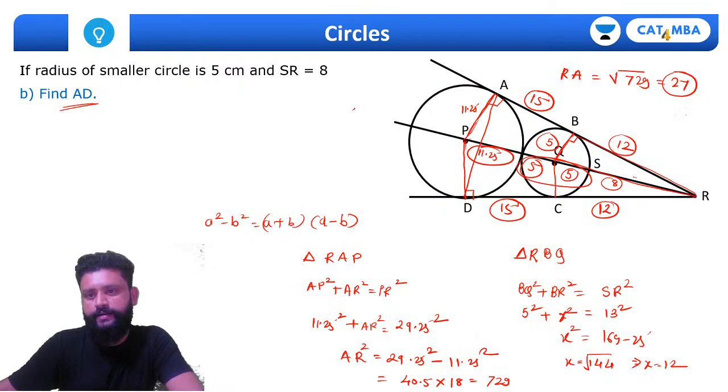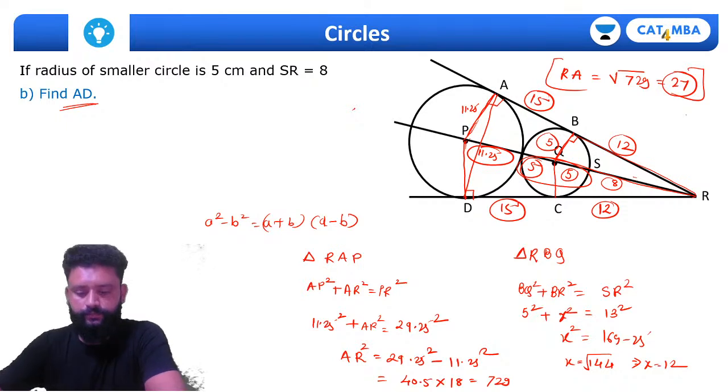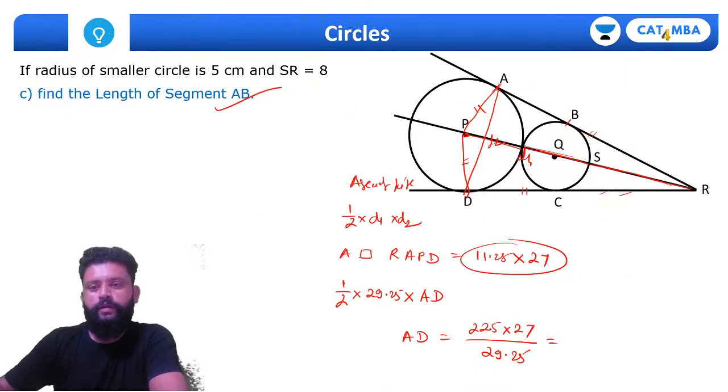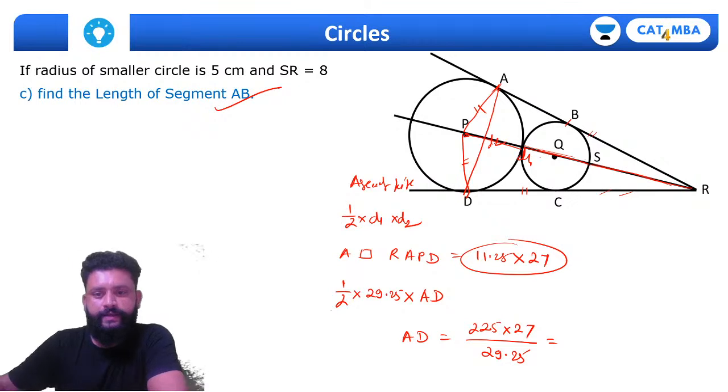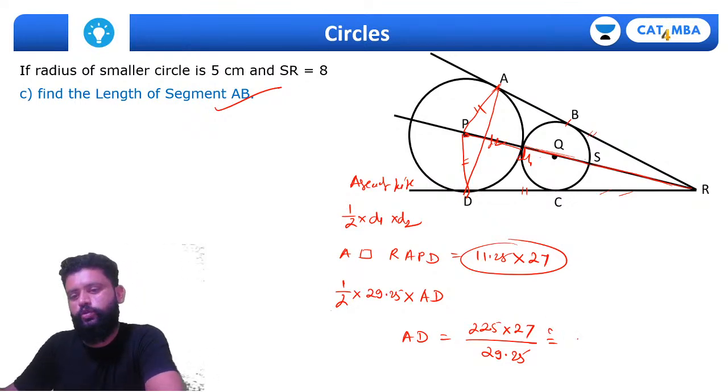We have got AR, that is 27, and this will be close to 21, I guess. So AD has to be close to 21.